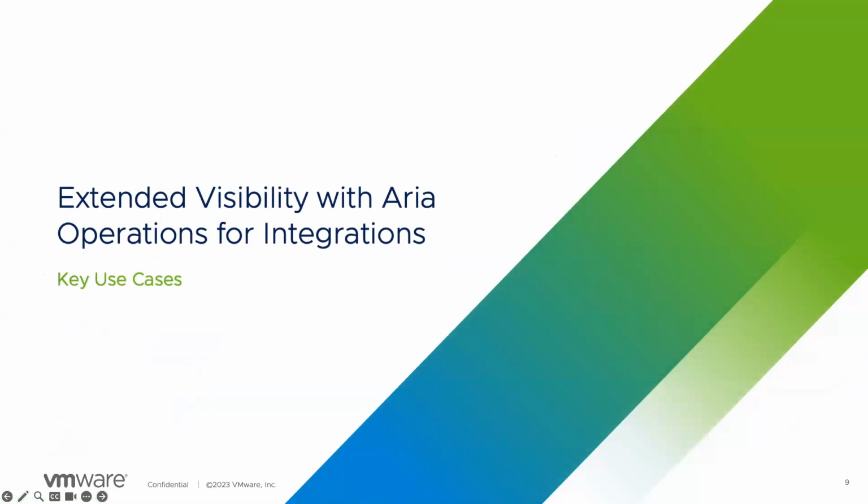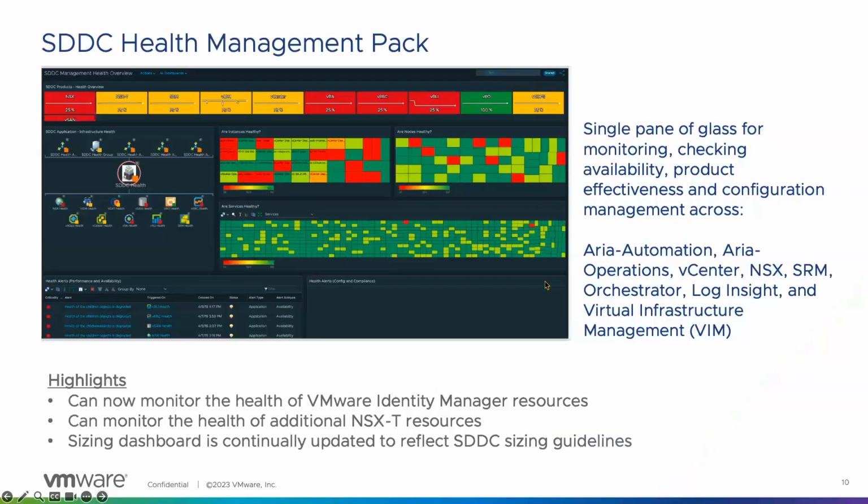So how do we extend this visibility with Aria Operations for integration? That's the renaming of that TVS module. So here's some key uses. The software-defined data center health management pack. What you're seeing is heat sinks of red, yellow, and green. Green, naturally, hopefully somebody who's selected the colors has defined green as being positive. So it's a single pane of glass monitoring.